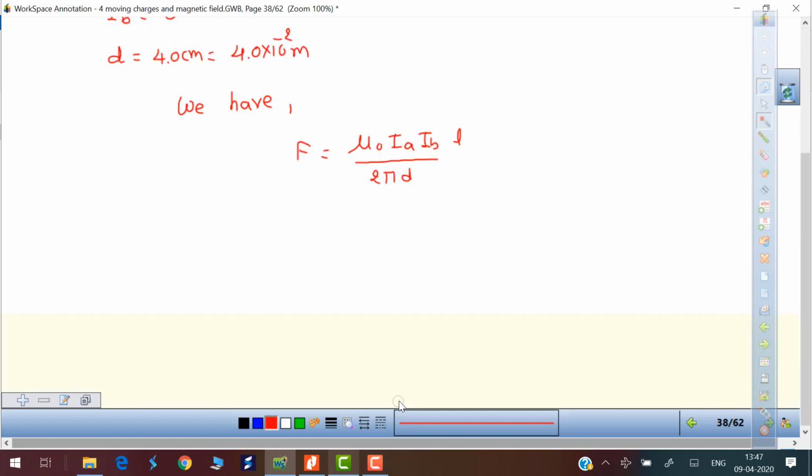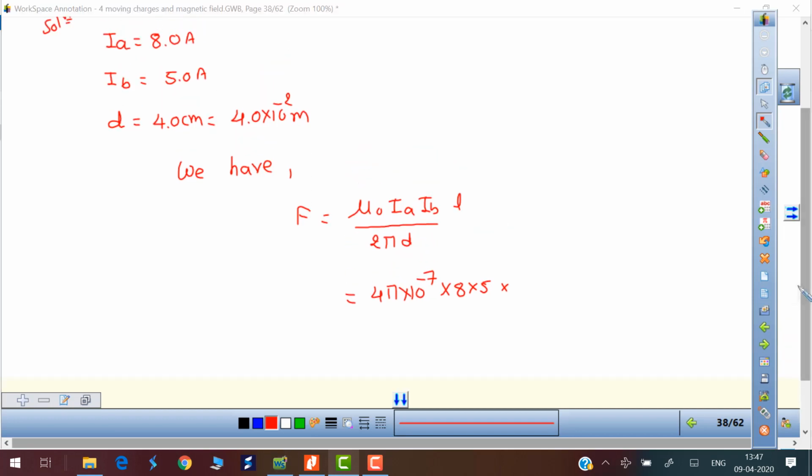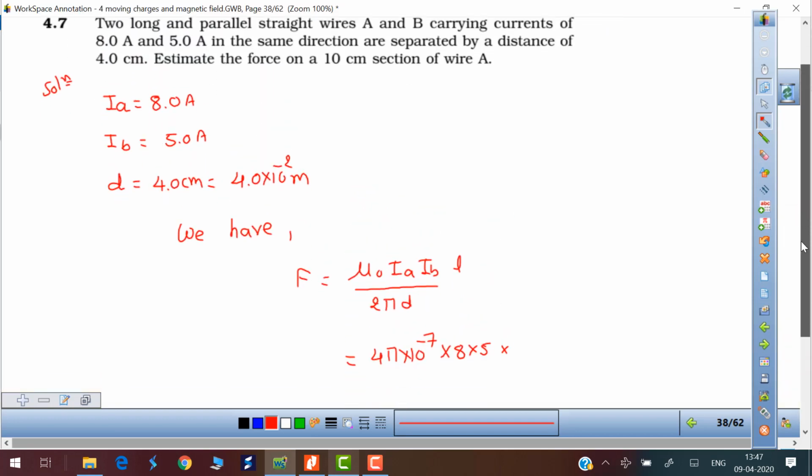Here mu 0 is 4 pi into 10 raised to minus 7, IA is 8 ampere, IB is 5 ampere, and the given length is how much? 10 centimeter, so that is equal to 0.1 meter.